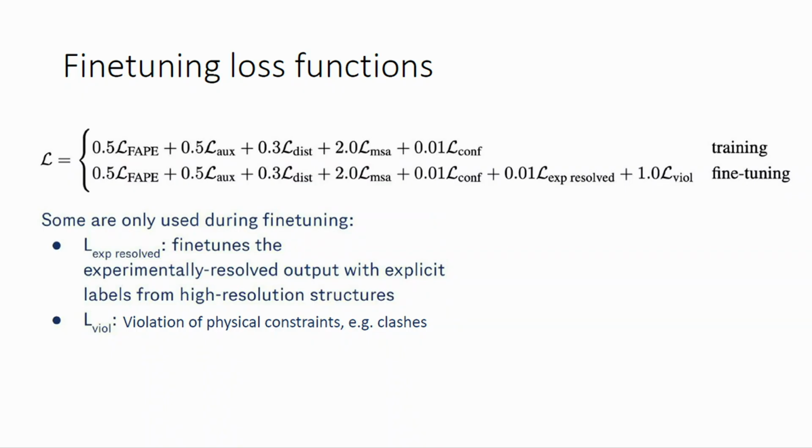The first answer is that the model is really smart; even if it doesn't know precisely where the atoms are, it inherently knows to avoid clashes. But secondly, they do use this clash loss as an additional loss in the fine-tuning stage, for a final refinement of the model if it is making these small errors. I think the violation loss covers more than just clashes, maybe also illegal bond angles or bond distances. But I think this part is not very important according to the AlphaFold team, and I think it's even removed completely from AlphaFold 3.